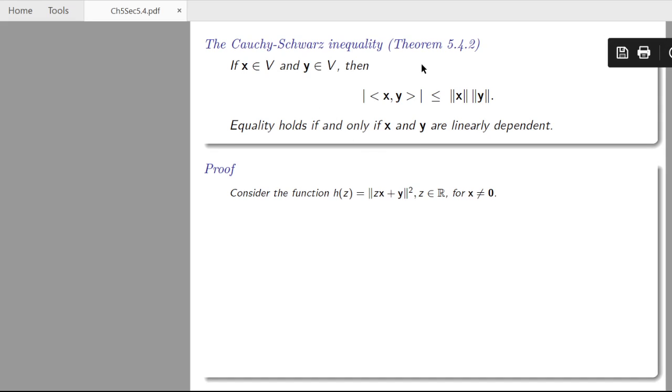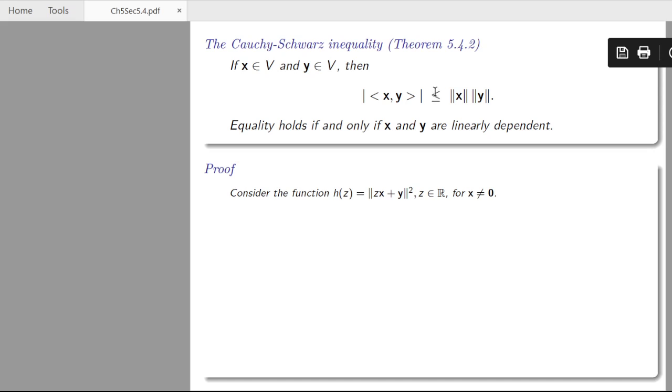The Cauchy-Schwarz inequality. This is Theorem 5.4.2. We consider two vectors in the inner product space V, say x and y. Then the absolute value of the inner product between x and y is less than or equal to the product of the length of x and the length of y.